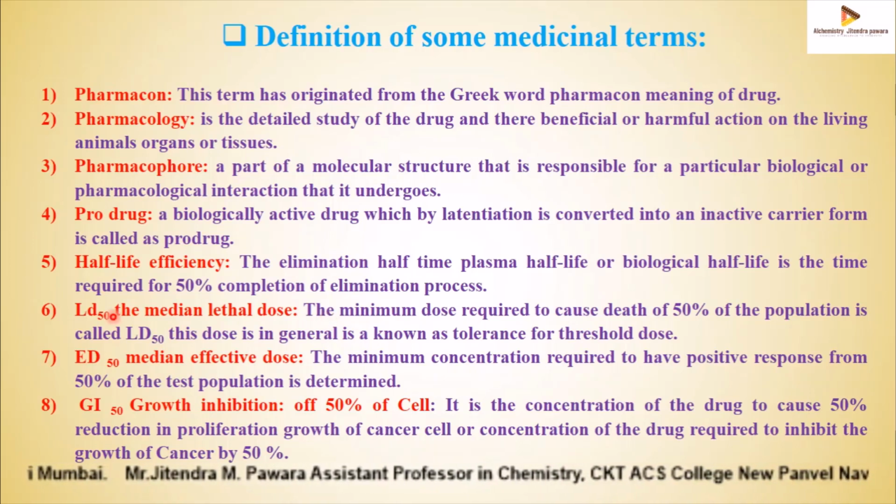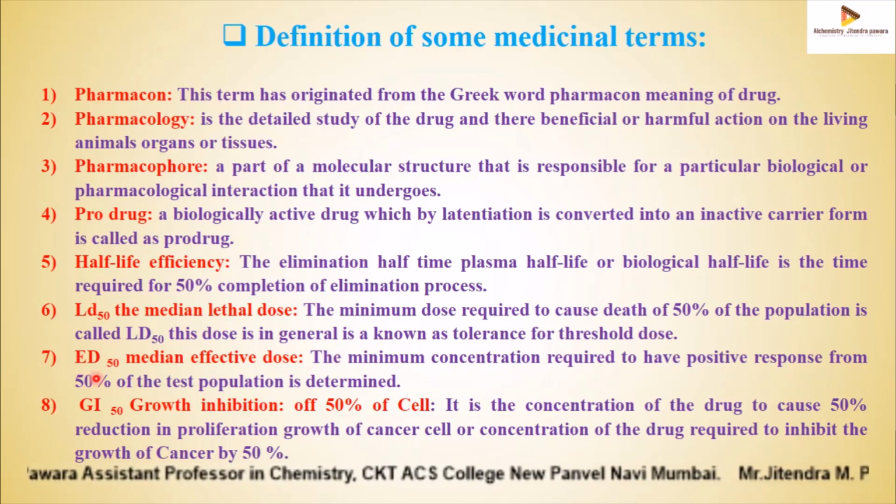So this LD50 median lethal dose is defined as the minimum dose required to cause death of 50% of the population. This dose in general is known as tolerance or threshold dose.